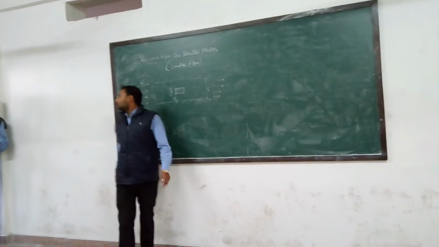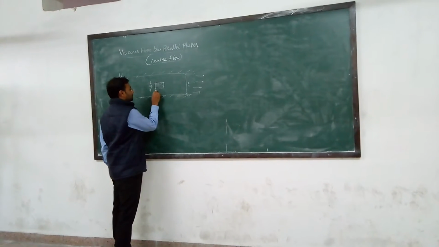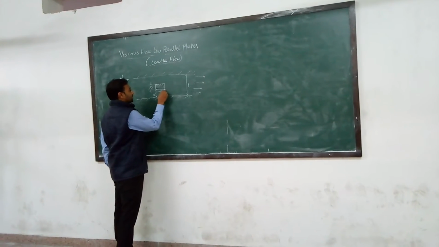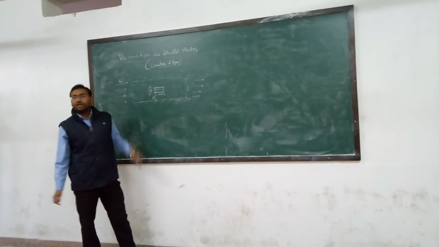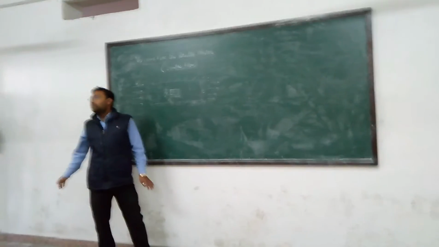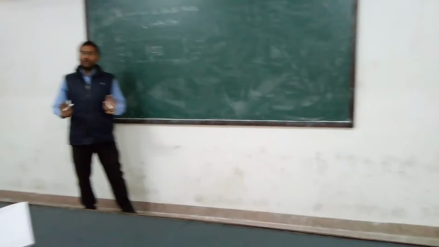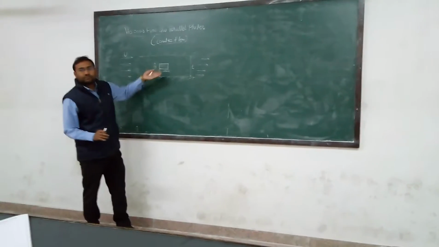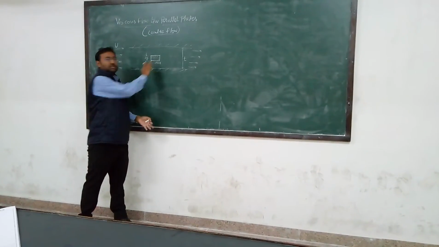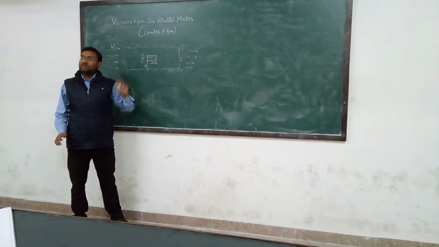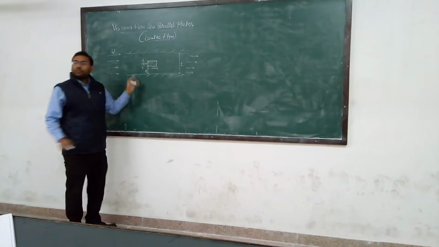The width of this element is dy and the length is dx. dx is the length, dy is the width, and the depth we are assuming is unity. So the area of this face will be dx multiplied by 1, and the area of this face will be dy multiplied by 1. Now the forces acting on this element will be the pressure force.